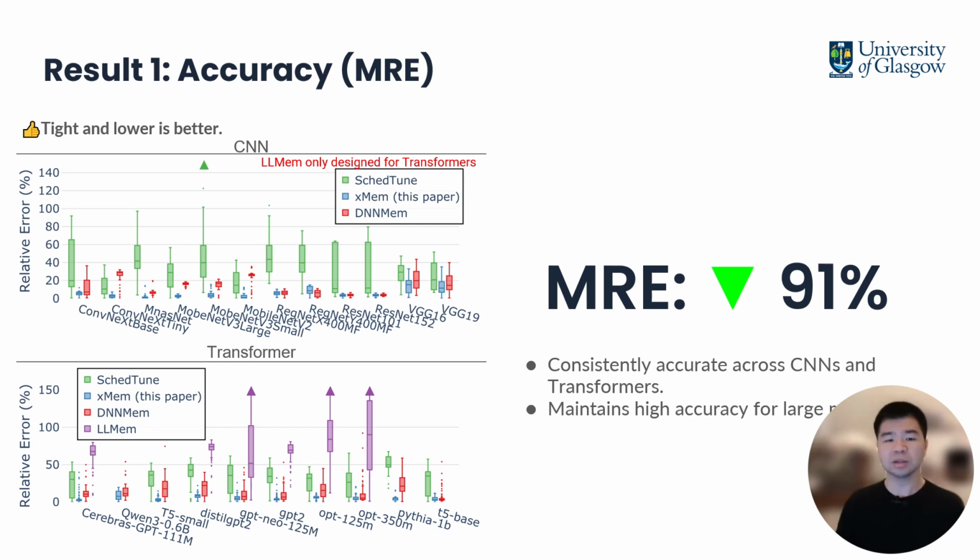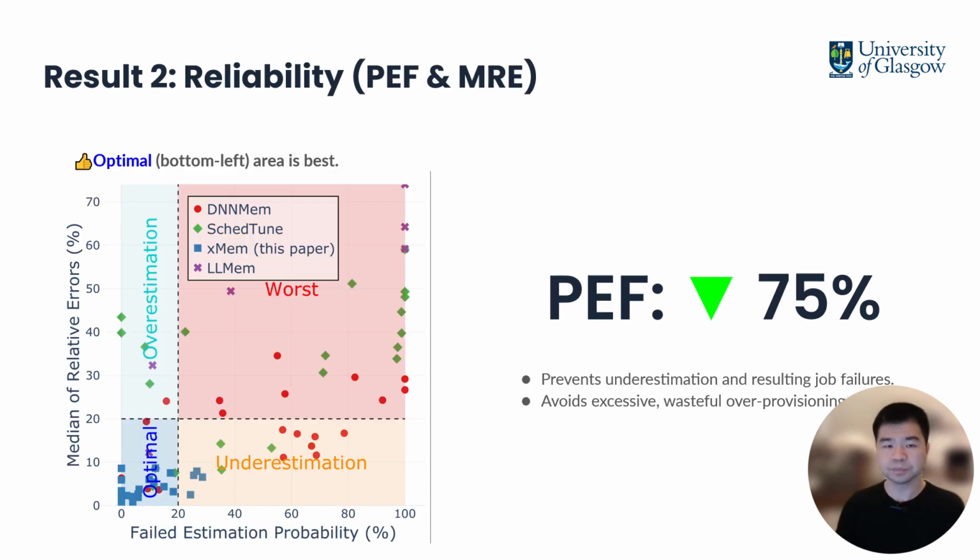The lower diagram is for the transformer models. The conclusion is also very clear for our solution. xMem is consistently accurate with very low and stable error across all models. In contrast, the other baselines show errors that are both high and very spread out. Overall, xMem achieved a 91% reduction in MRE.